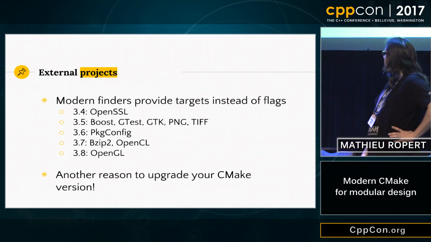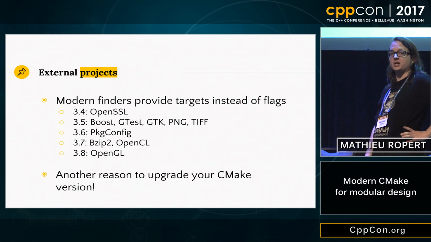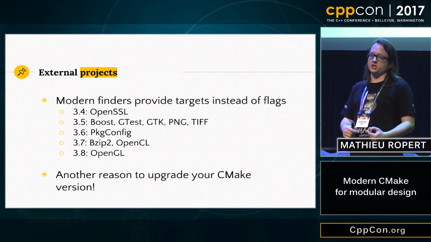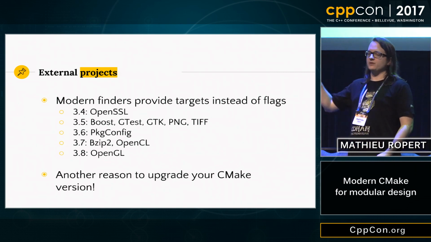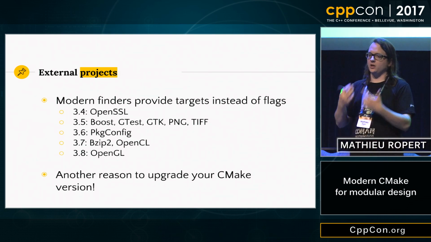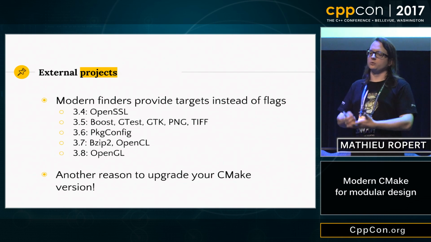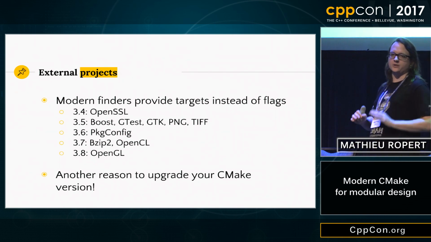You got some graphical libraries. 3.6 brought us pkgconfig, which is pretty nice because it's not just find pkgconfig. It's like if you use CMake to find a PC file, it will automatically translate that into a CMake project definition for you. So you can just say, okay, I require that PC dependency.